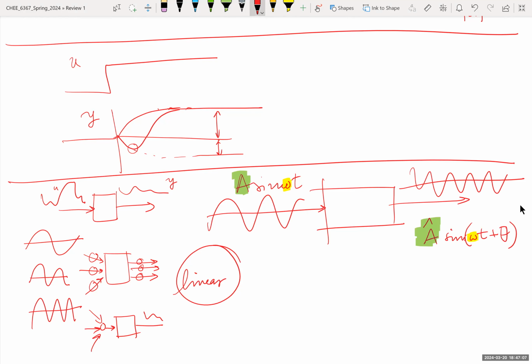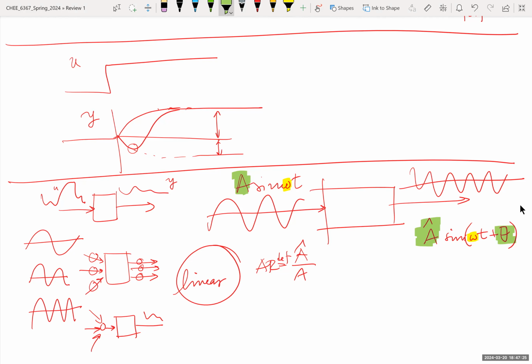So A hat over A is the amplitude ratio. And when we have a phase, namely there may be a delay, or it may actually be a predictive, a positive phase.